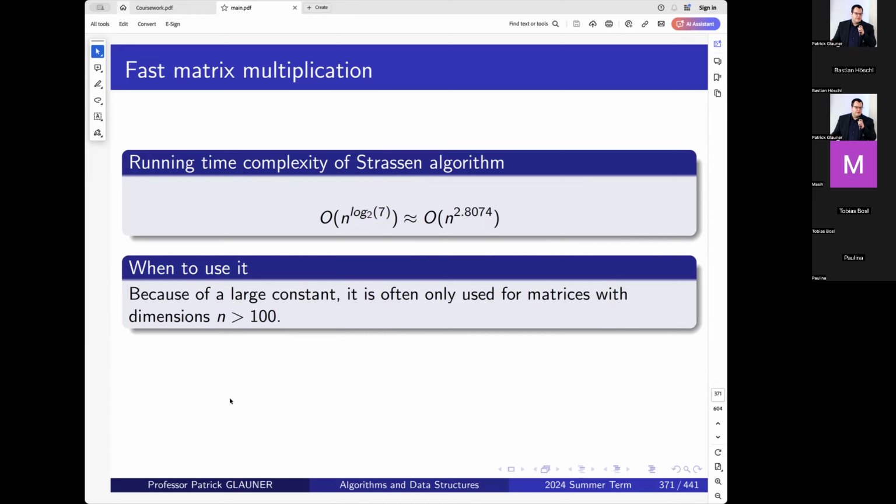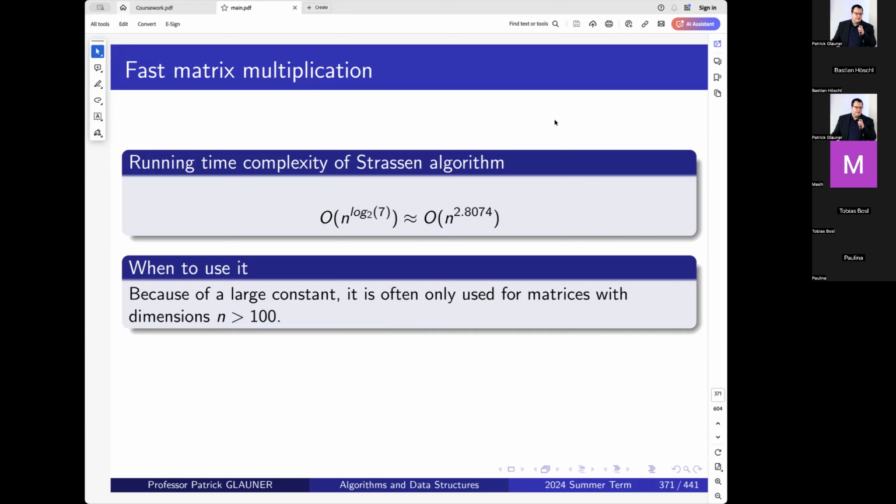If you look at professional implementations of linear algebra libraries, you will often see that they only use the Strassen algorithm or some other fast matrix multiplication algorithm if you have more than 100 rows or columns, because then for larger n's, it actually starts to pay off. For very small n's, it actually takes longer.